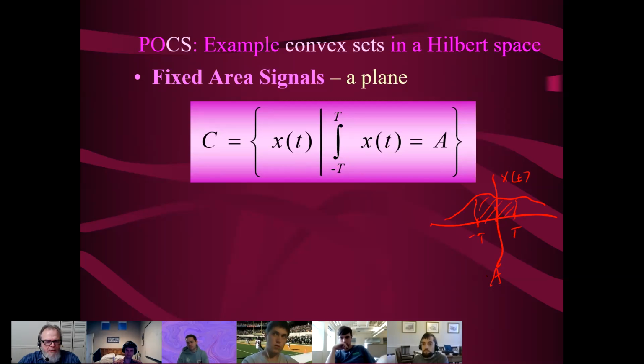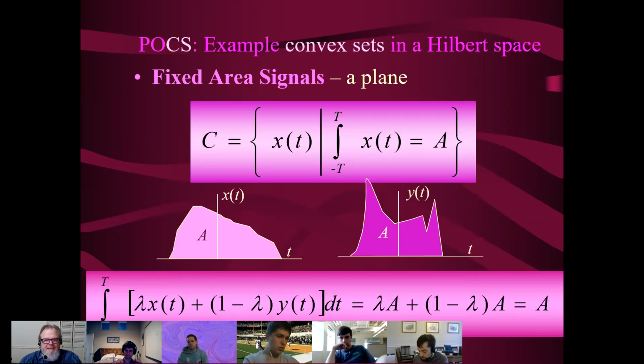And there's a whole bunch of signals that can be written there that have an area of a from minus t to t. Do you agree with that? And that does turn out to be, interestingly, a convex set. It's a simplex, and it's the way that we think about things.